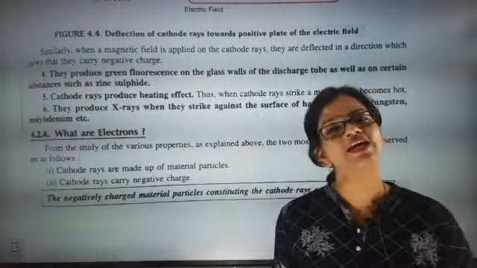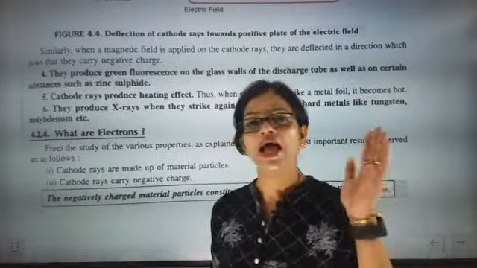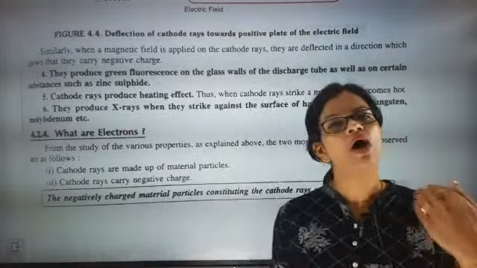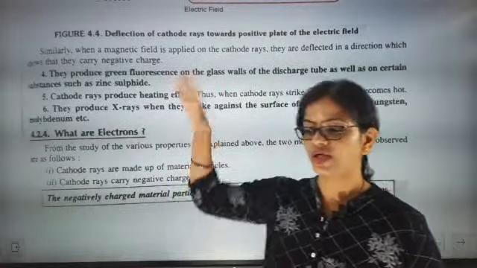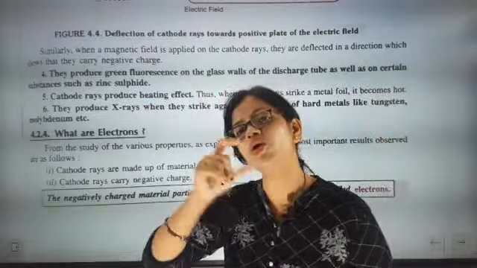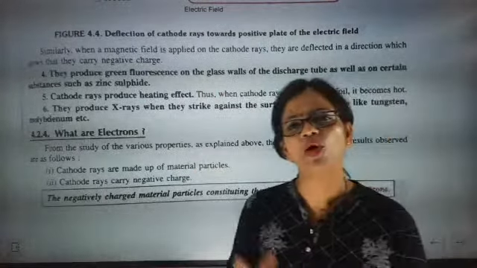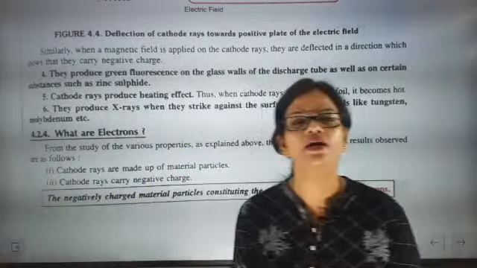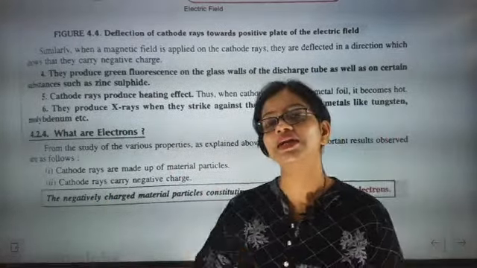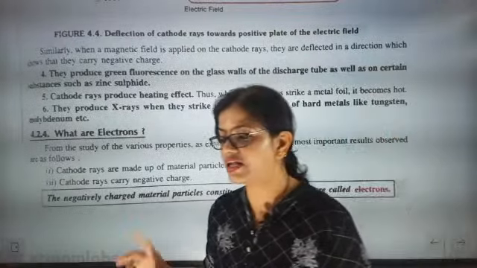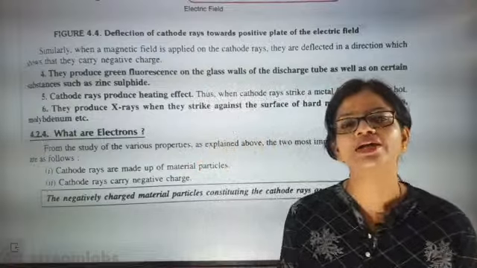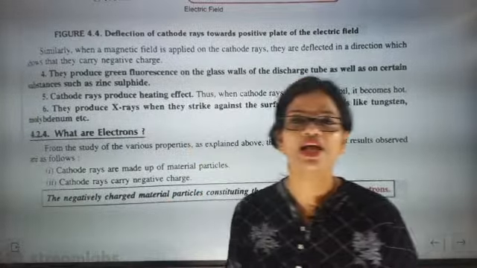By our morning experiment, we came to know that atoms have charges. In today's experiment we are seeing that cathode rays are negatively charged and contain material particles. Vishal, I was expecting a correct answer from you, so I got angry.